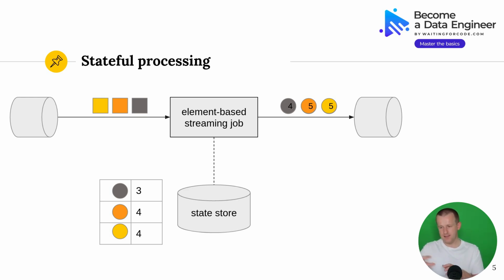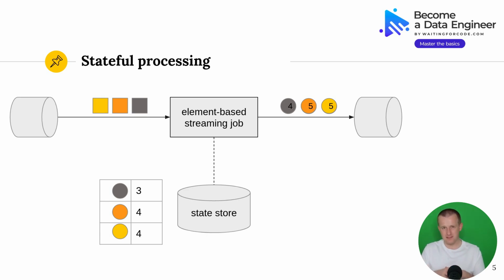As you can see, it's different from stateless processing, where we really consider the data at a given point. Here we keep the reference for the past records in this state store, a buffer of what came so far. So it opens a lot of interesting use cases.